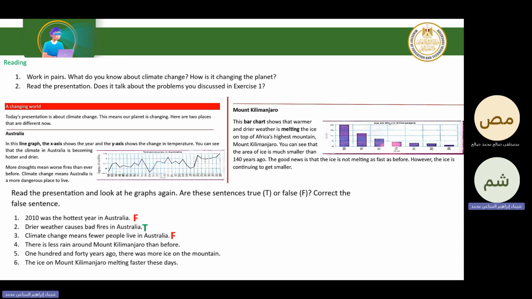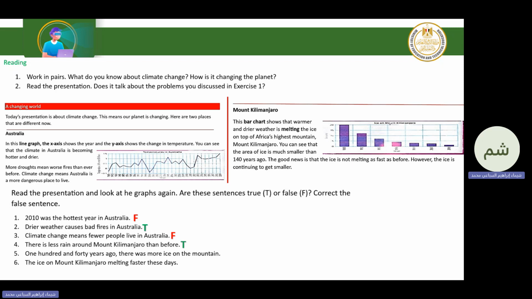Okay, number 4. There is less rain around Mount Kilimanjaro than before. Yes, true. He said this. Excellent. Number 5. 140 years ago, there was more ice on the mountain.